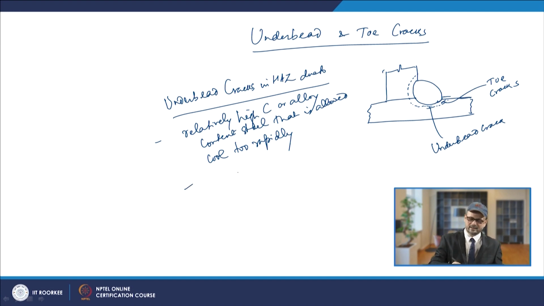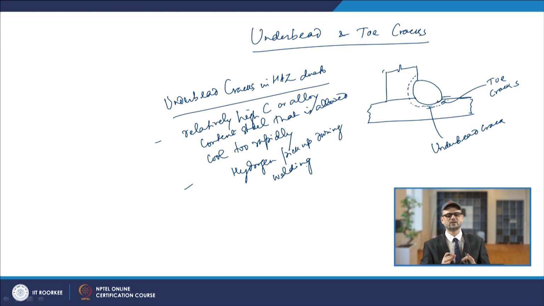And then the other reason is the hydrogen pickup. So, these are the two reasons for the underbead cracks. These underbead cracks or toe cracks will seldom appear with certain steel compositions, like when the carbon is between 0.06 to 0.25%, or the manganese is 0.35 to 0.8%.